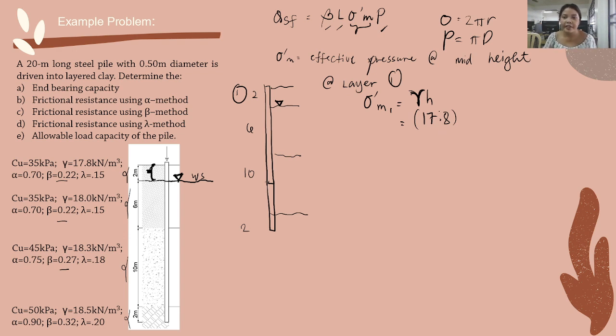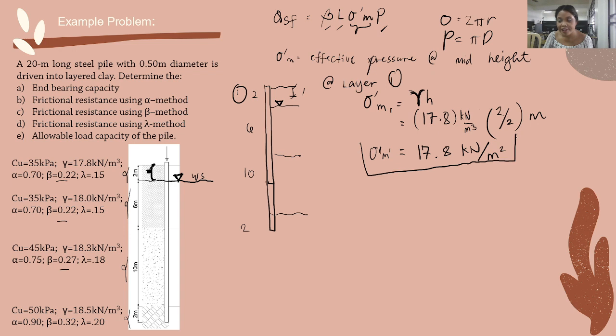So, dry unit weight yan. So, 17.8 kilonewton per m cube. Okay? And then, ang height na i-consider mo dyan ay mid. Laging mid height. So, ang kalahati ng 2 meters ay 1 meter. So, 2/2 is your mid height, or 1 meter. So, ang iyong pressure at that point is simply 17.8 kilonewton per square meter. Okay? So, yan na yung kay first layer.